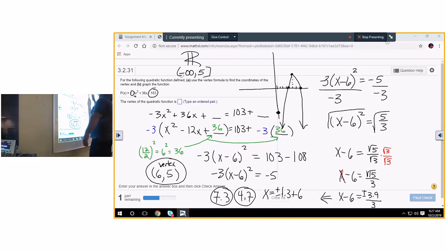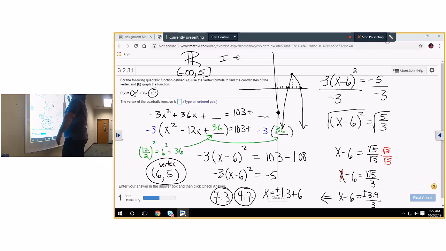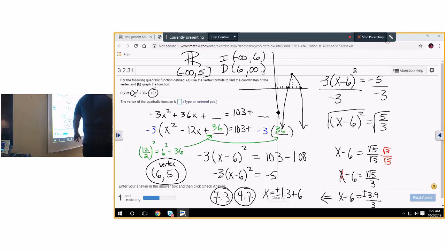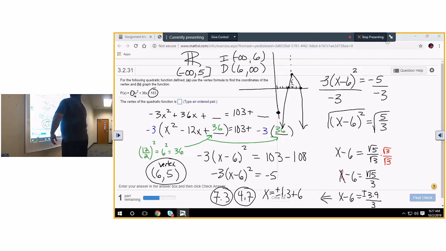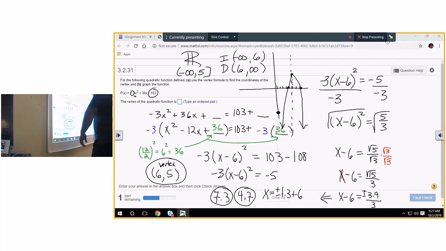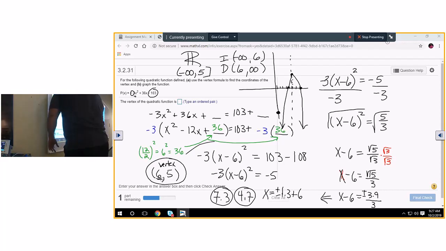And then increasing from negative infinity to 6, and decreasing from 6 to what? Infinity. And you feel good about yourself. Line of symmetry: x is equal to 6.